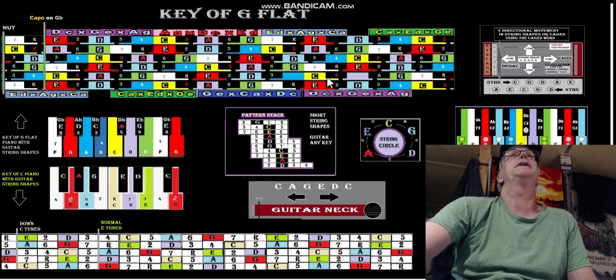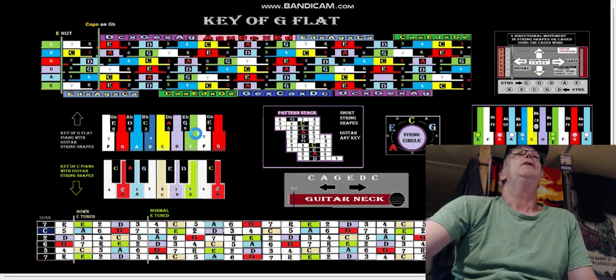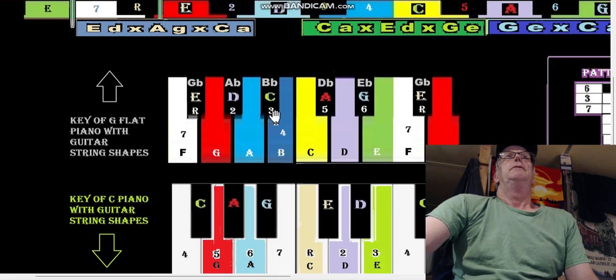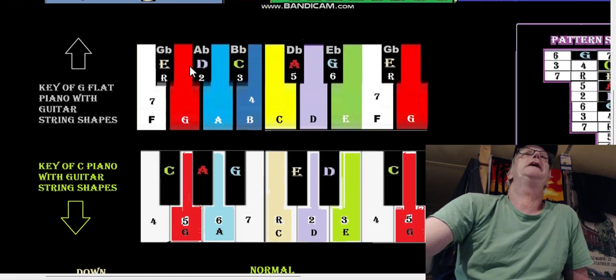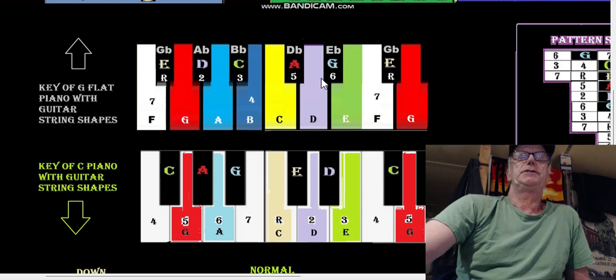And then we have the key of G flat, which is chart 422. Black magic keys here. Root, 2, 3, 5, 6. The five black keys, the accidentals in each octave on the piano, are G flat, A flat, B flat, D flat, E flat, which is the key of G flat.